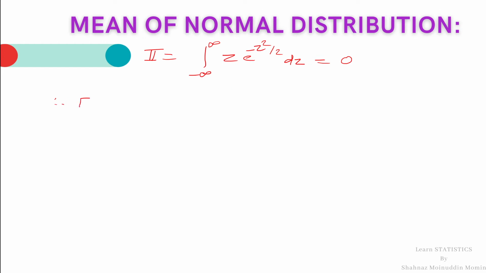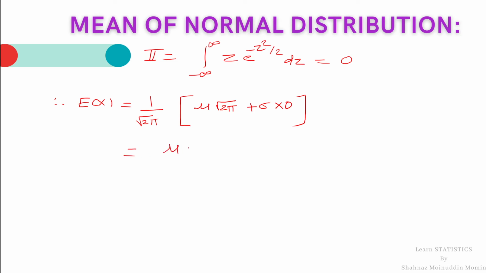Therefore, the expected value of x is equal to 1 upon root 2 pi into sigma into bracket mu into under root 2 pi plus sigma into 0, the second integral.